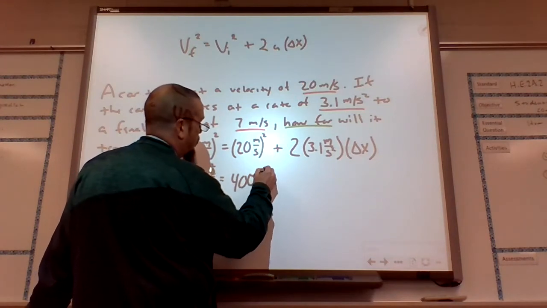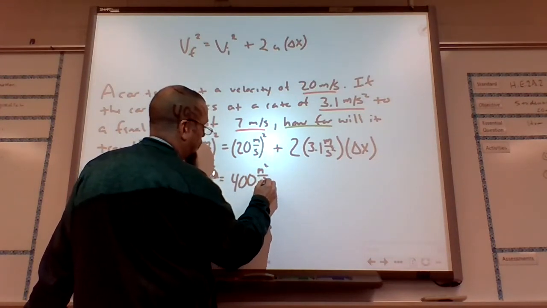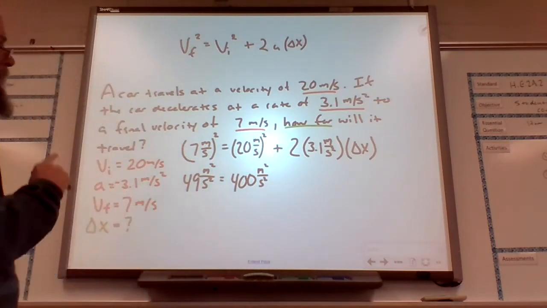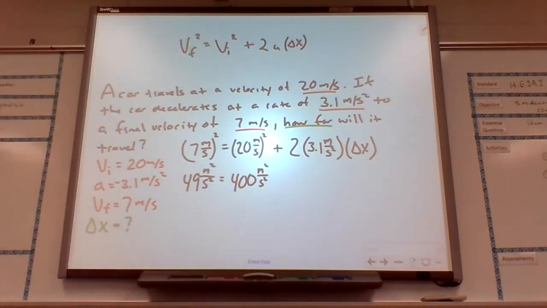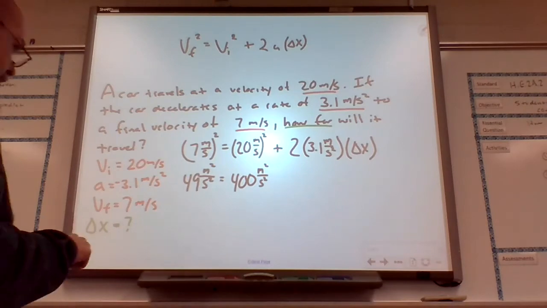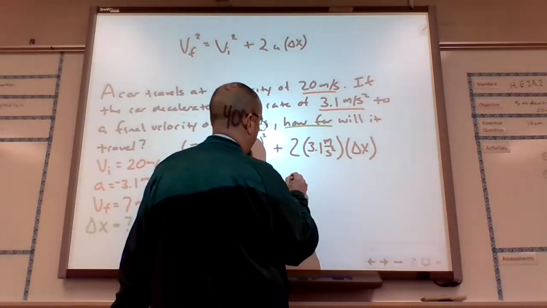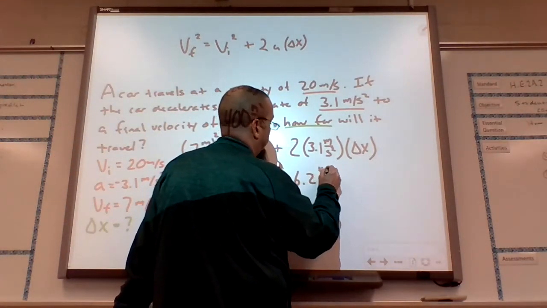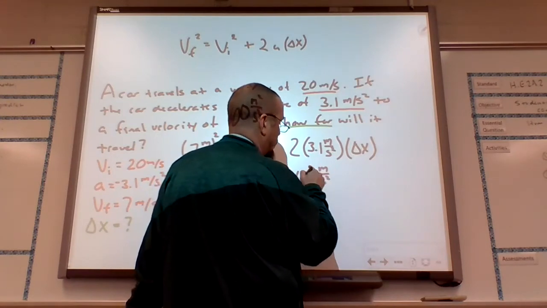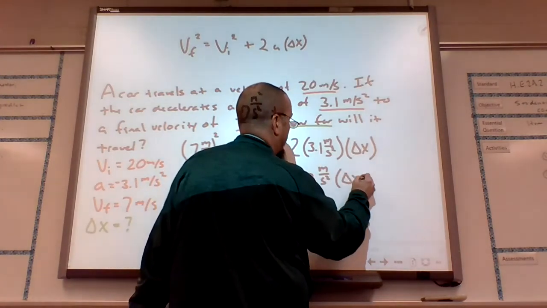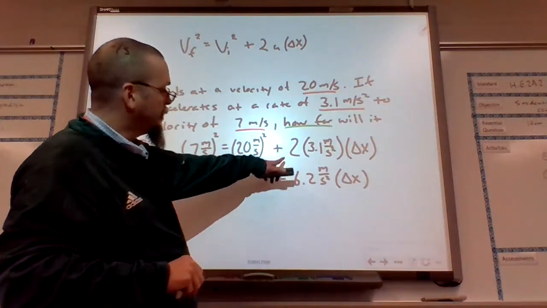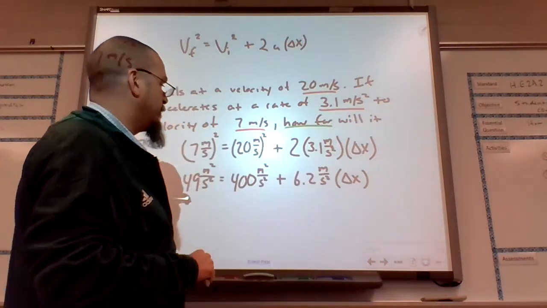Again, it would be meters squared over seconds squared. Then I'll do 2 times 3.1. Simplify that, that's 6.2. That doesn't do anything to the units in this one, times delta X. Since the 2 doesn't have any units on it, that doesn't do anything to change those units.